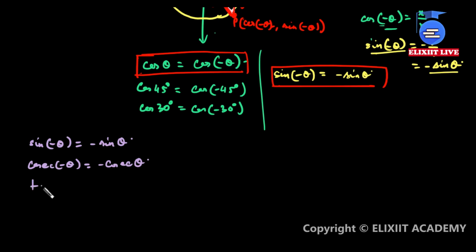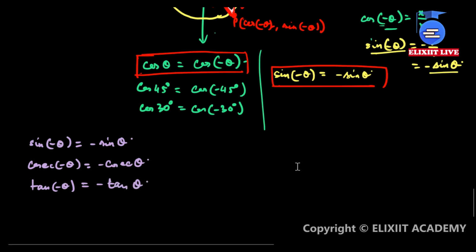Tan of minus theta, similarly, simple. Tan of minus theta is what? Sine minus theta by cos minus theta. Simple idea, you remember in this manner. So minus sine theta divided by cos theta, which is minus tan theta.